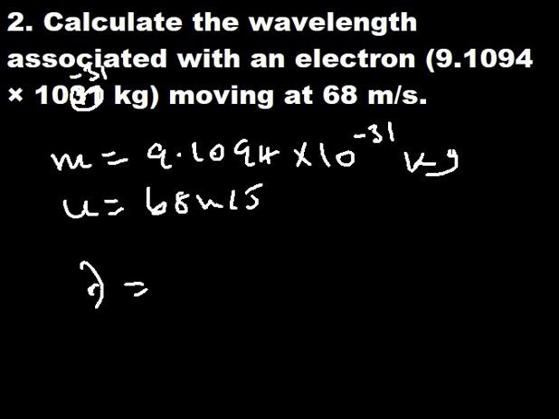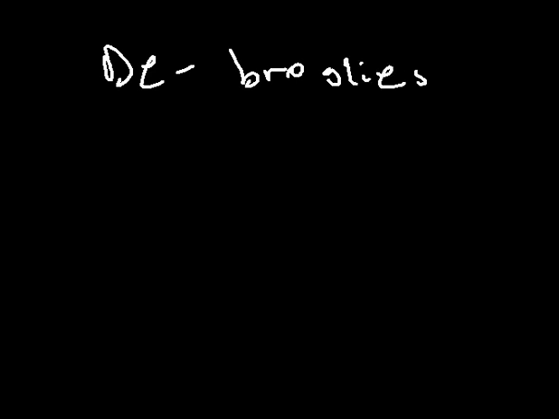Use the principle of the de Broglie equation, which is mass times the speed, and you will be able to get it. So that's how you start to understand the principles behind the de Broglie equation. Thank you.